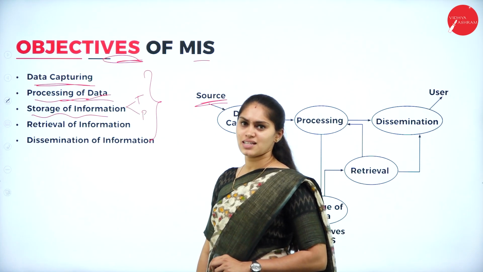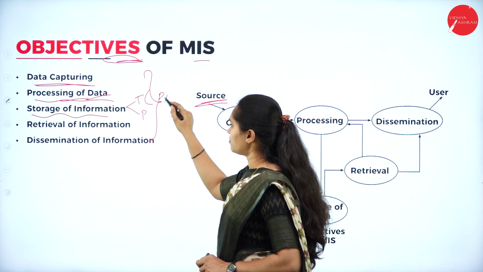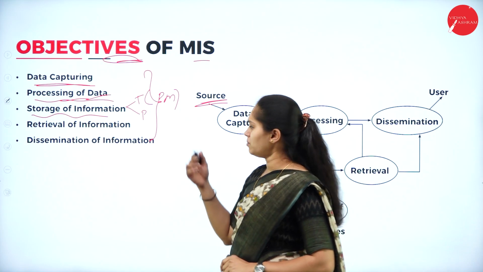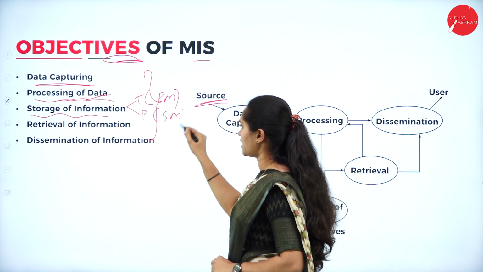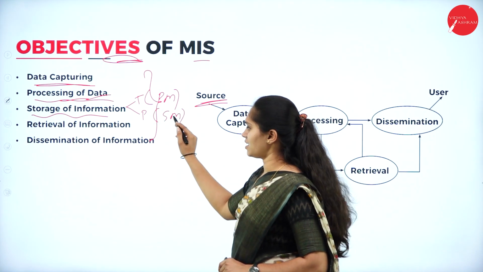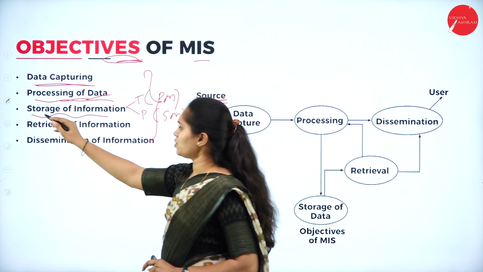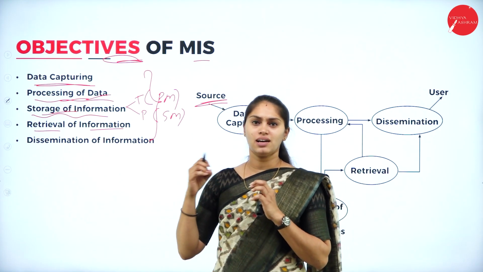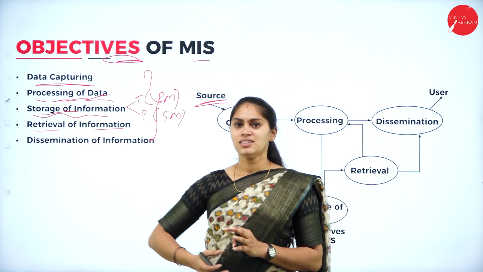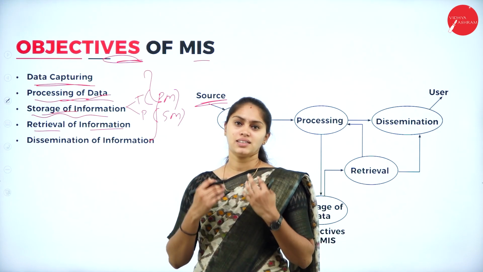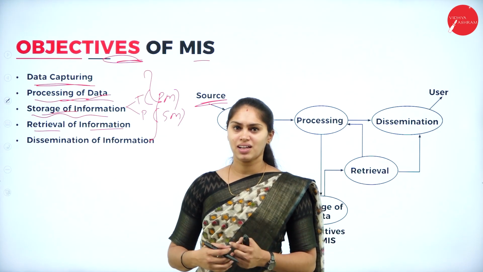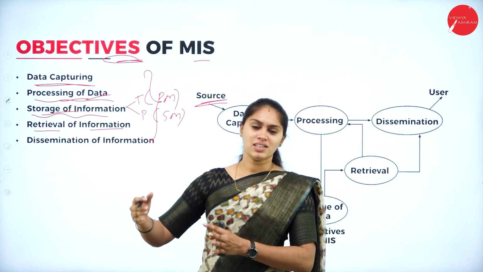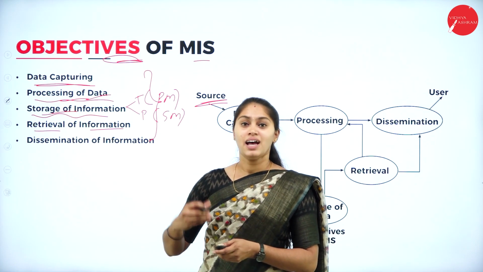If you want it temporary, we use the primary memory of a computer system, or if you want to store the data and information permanently, then we use secondary storage devices or secondary memory. So that is related to storage. Next, retrieval of information. Now I process the data, and information is ready. Whenever I require that data and information for my decision making, it must be retrievable 24/7. It should not be that now it is day, I can't give it, now it is night, I can't give the data.